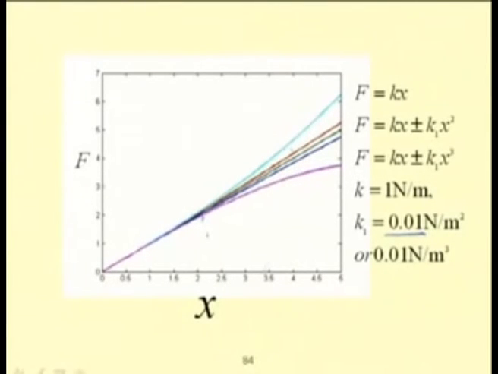Let us see what is happening for a particular value of x. When it is linear, F equal to kx, and let us compare this curve with this curve.